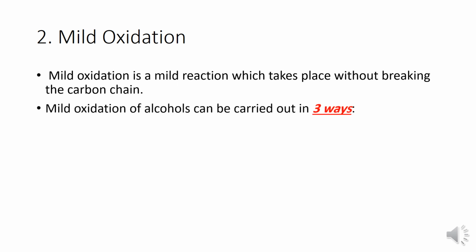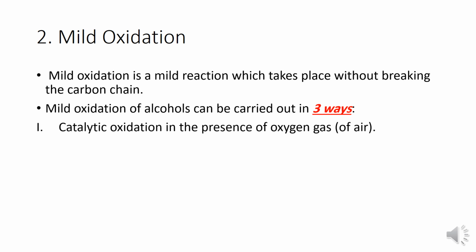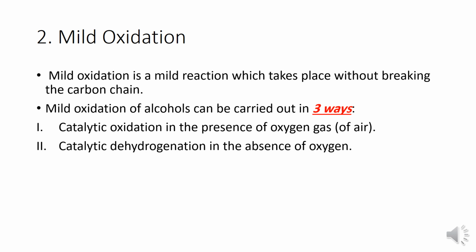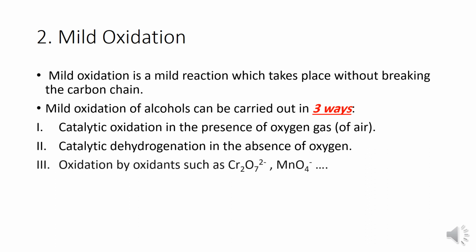Mild oxidation of alcohols can be carried out in 3 ways. The first one is catalytic oxidation in the presence of oxygen gas, which is present in air. The second mild oxidation is catalytic dehydrogenation in the absence of oxygen.